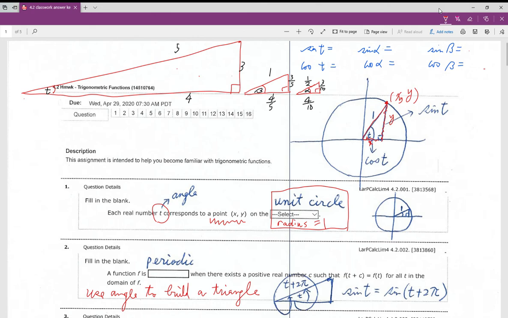Now, by the Pythagorean theorem, x squared plus y squared equals 1 squared. Or you may say the distance from the origin to the point is given by x squared plus y squared equals 1. So if this is the unit circle, let me erase those marks first. The unit circle, so we have x and y.